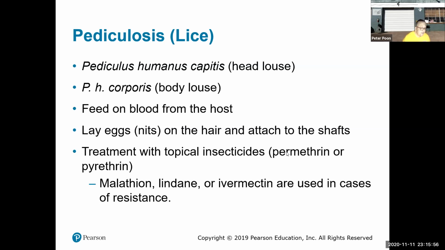All right. So here's the story. Our closest relatives in the animal kingdom are chimps. So it makes sense that the lice in our hair are most closely related to chimp lice, and they are. We have two types of lice.